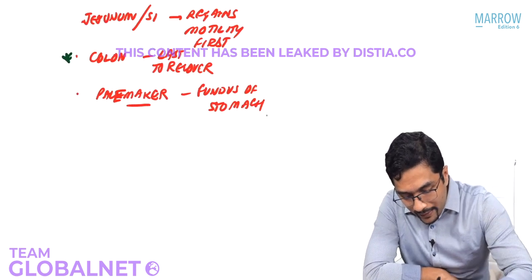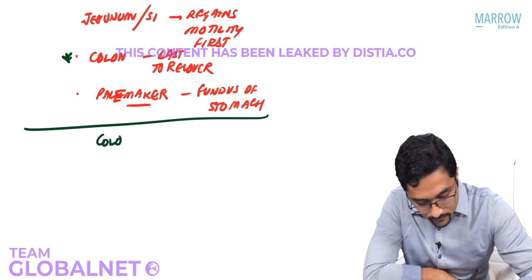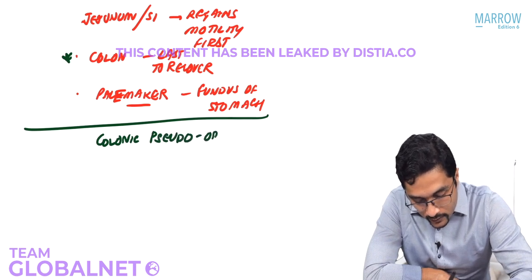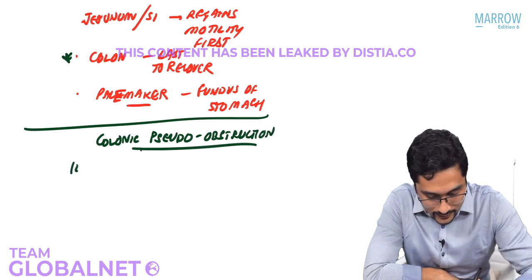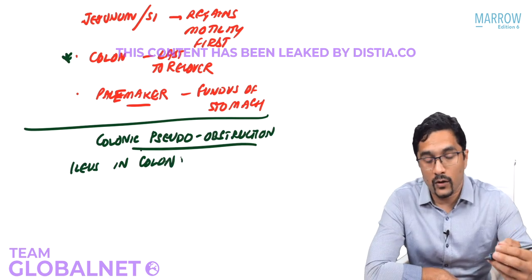Now, another type of paralytic ileus is colonic pseudo-obstruction. Colonic pseudo-obstruction is nothing but ileus in the colon, right?